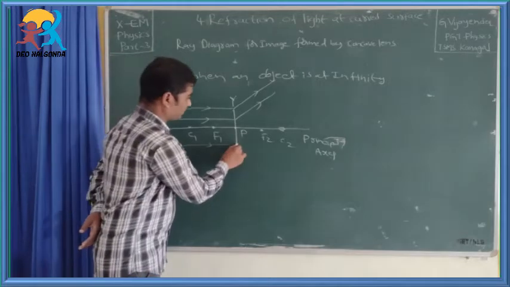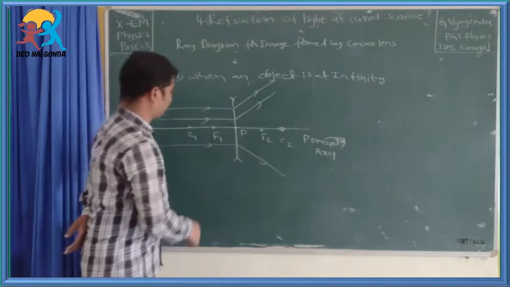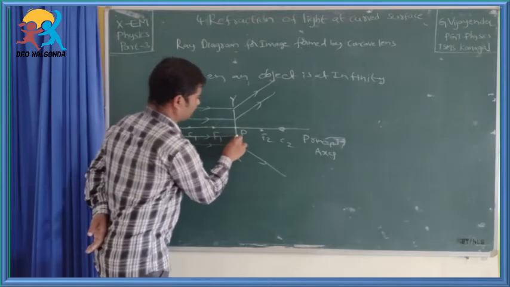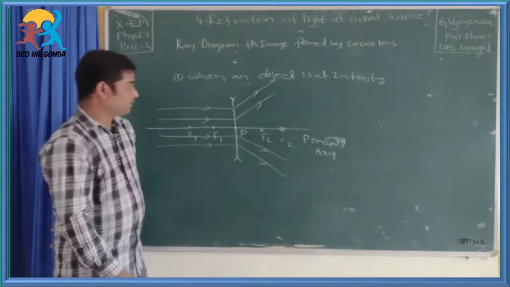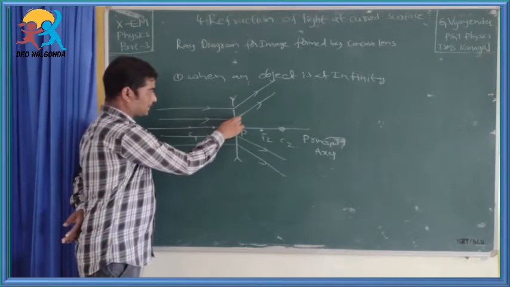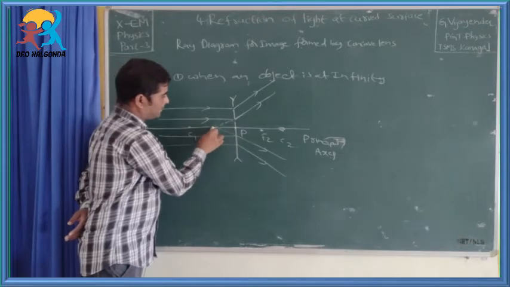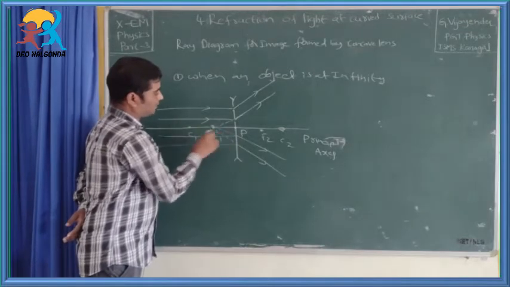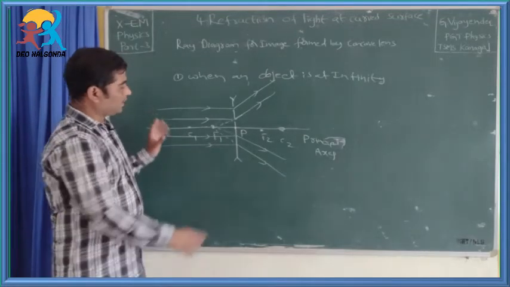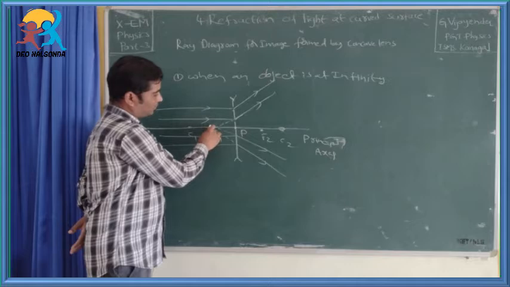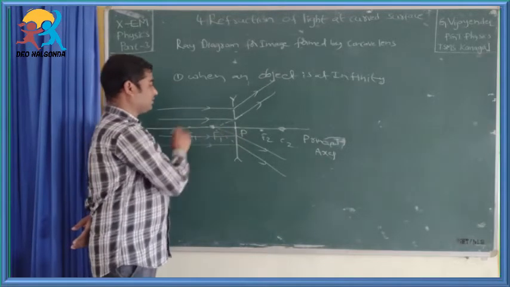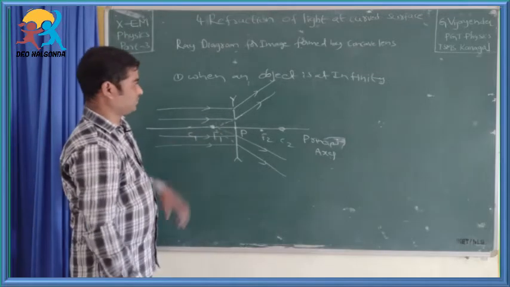The refracted ray appears to diverge from the focus. Incident ray, refracted ray. Incident ray, refracted ray. Here if we extend all refracted rays backwards, they appear to diverge from the focus. That means when an object is placed at infinity, all refracted rays appear to diverge from the focus; if we extend them backwards, they intersect at the focus. That means the image is formed at the focus.